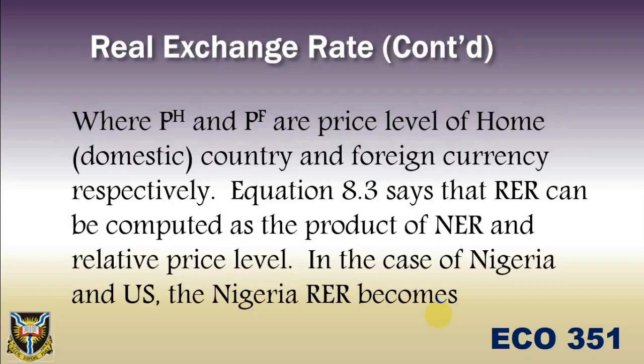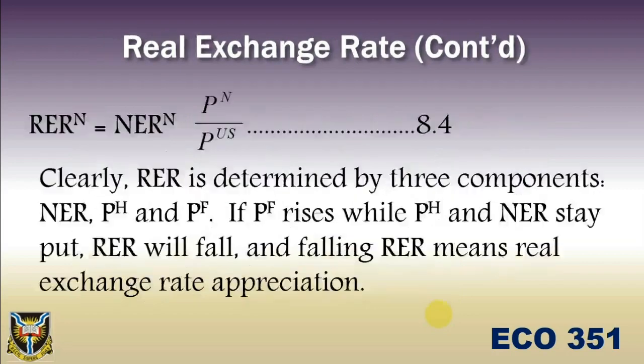Equation 8.3 says that real exchange rate can be computed as the product of nominal exchange rate and relative price level. In the case of Nigeria and the United States, the real exchange rate of Nigeria equals the nominal exchange rate of Nigeria multiplied by the price of N, that is naira, divided by the price of the US dollar.